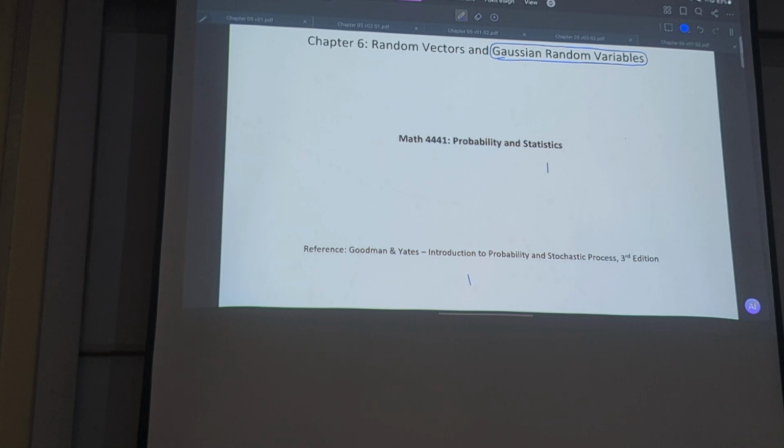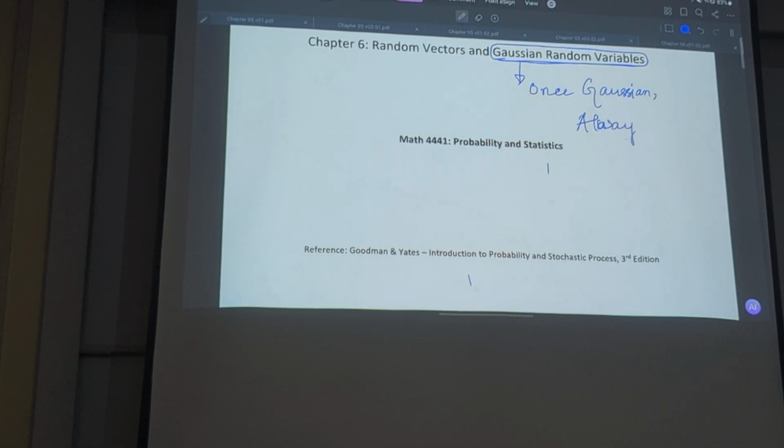And the second thing is that in most cases data tend to have a Gaussian distribution. This is one. The second most important thing is: once Gaussian, always Gaussian.